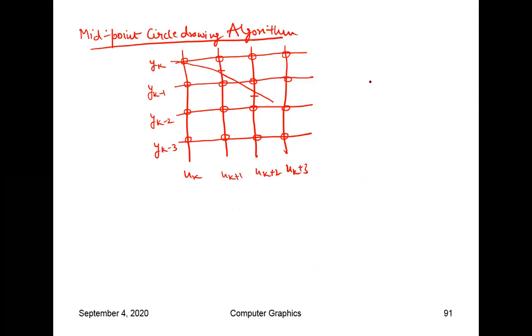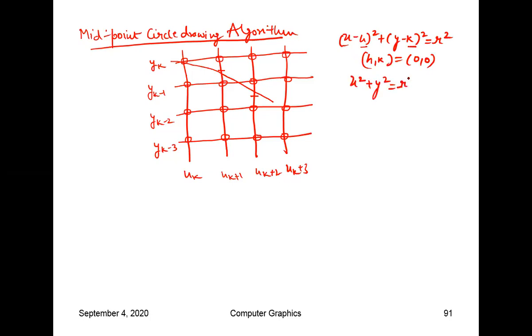The circle equation is (x minus h) whole square plus (y minus k) whole square is equal to r square. Here h and k are the center points. If I take the center as origin, h and k will be 0, 0, so the equation becomes x square plus y square is equal to r square.